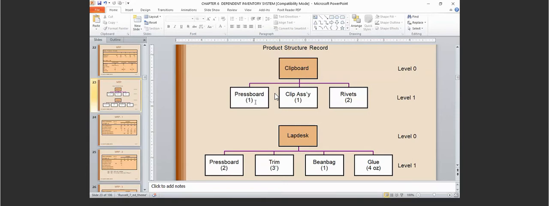The usage of fresh board for the clipboard is 1 unit, and the usage of fresh board for the lab desk is 2 units. So in developing the fresh board MRP table, we need to combine the planned order release in the clipboard and lab desk MRP tables.